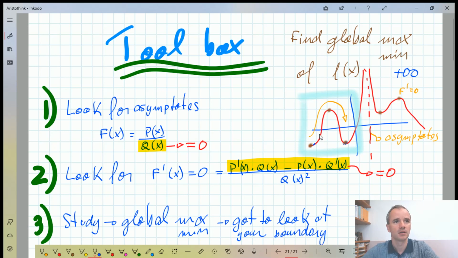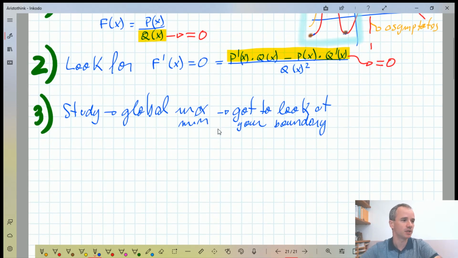You have to look at those points. If the function is defined between that blue square in here, you have to look at that point and at that point. Look for the boundaries. Some people just study the function and forget to account for the boundaries. Sometimes the boundary is the global maximum or the global minimum. Just be careful. Well, enough of that.